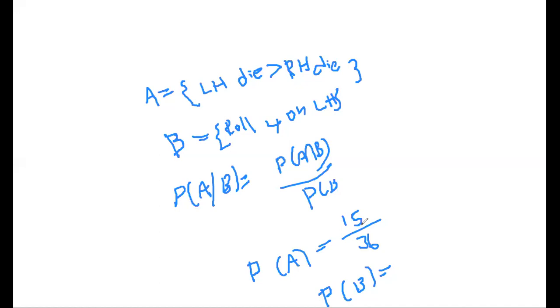See here. So this is the example we are checking for. A is the left hand die value is greater than right hand die value. B is roll 4 on the left hand. Now you see here, this complete thing is your A part.